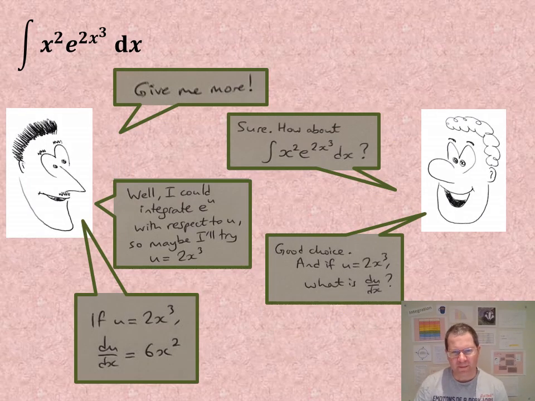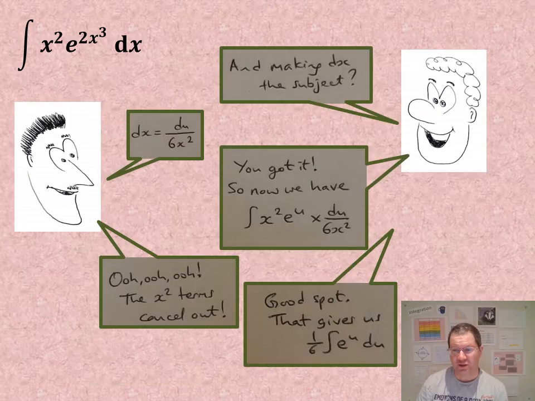Give me more. Sure. How about the integral of x squared e to the power of 2x cubed dx? Well, I could integrate e to the u with respect to u, so maybe I'll try u = 2x cubed. Good choice. And if u = 2x cubed, what is du/dx? If u = 2x cubed, then du/dx is 6x squared.